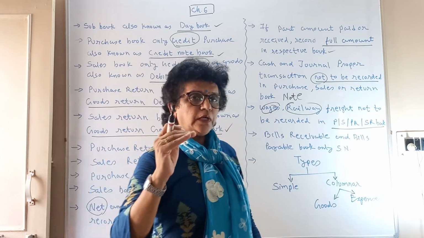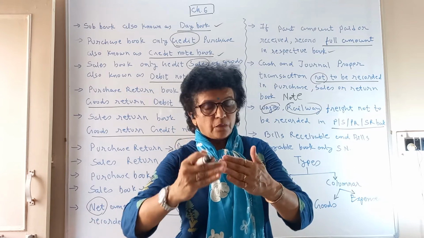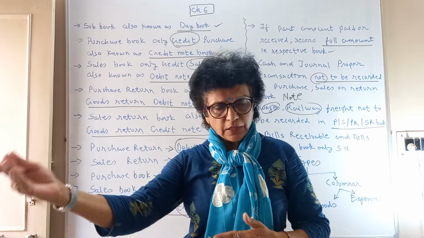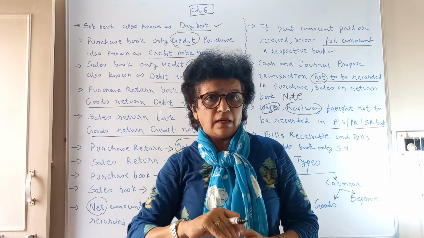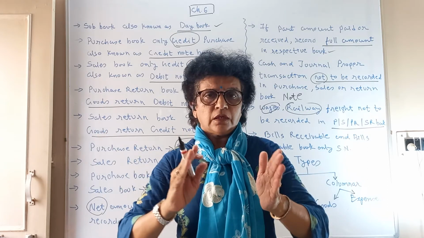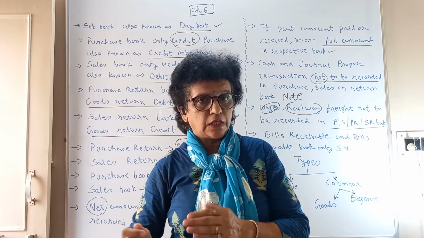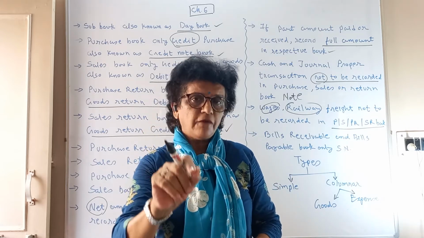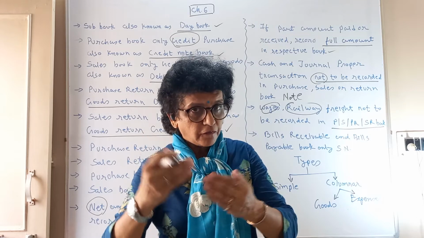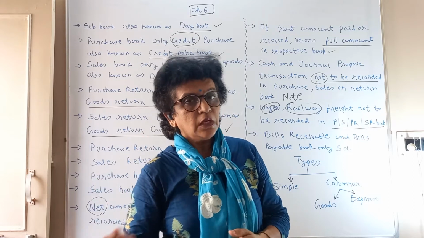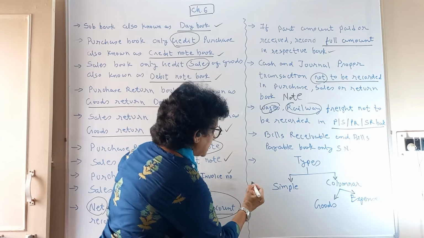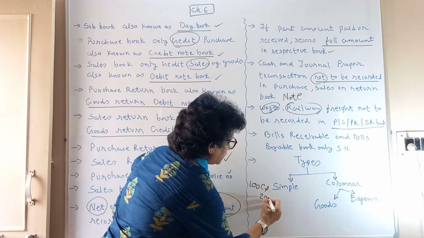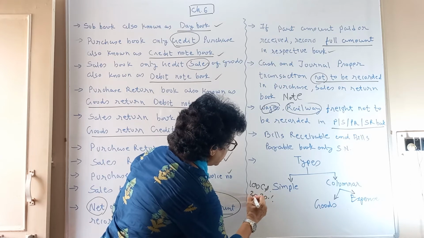Now one more point to be kept in mind is, when you have purchased goods and sold them with a profit, and those goods come back, the sales return figure you can easily get from the transaction, but the purchase return figure you have to derive after subtracting the profit which you have added. Like that simple example: 100 rupees CP, okay, 20% profit you have added, so 120.